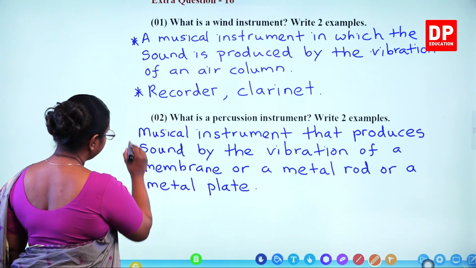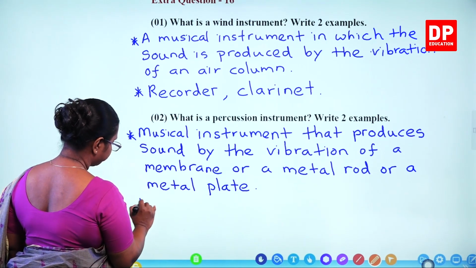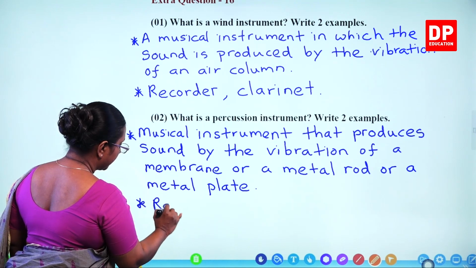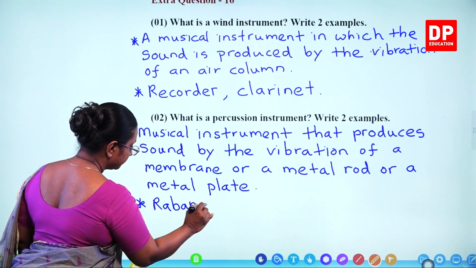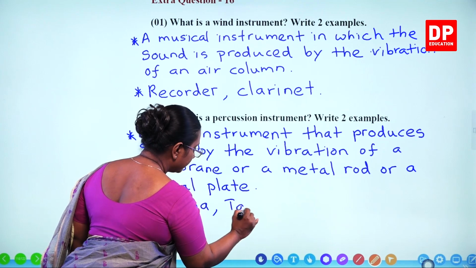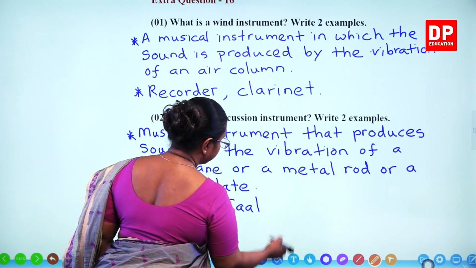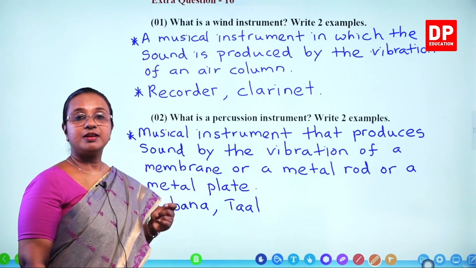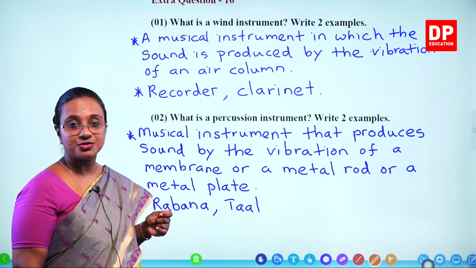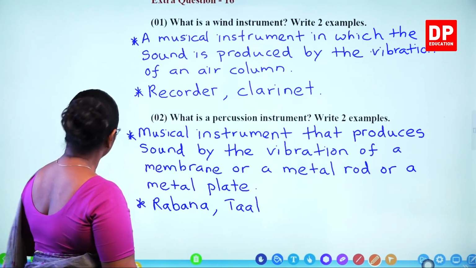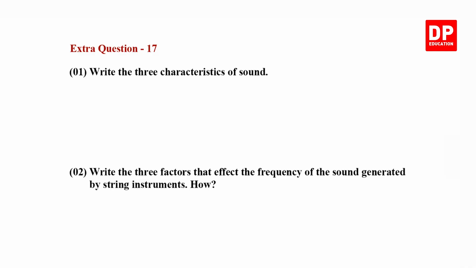I will write the examples here as rabana and say the thal, or you can write it as thalama, thalam, all refer to the same instrument. I will move on to the next one.